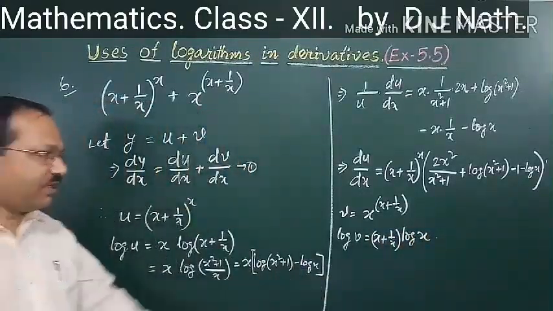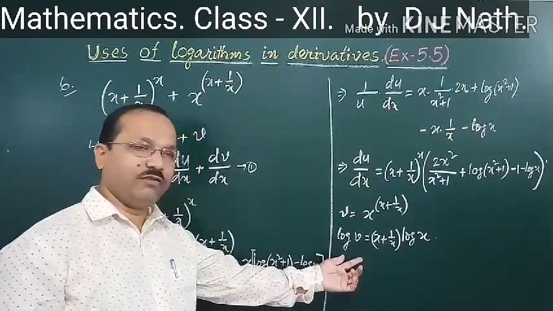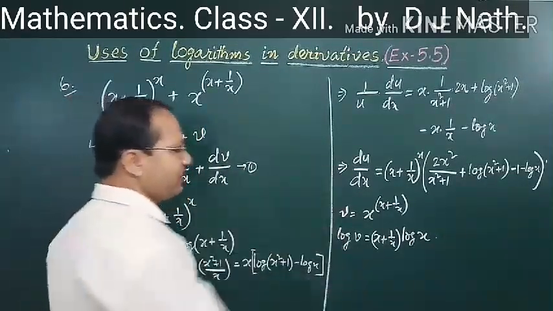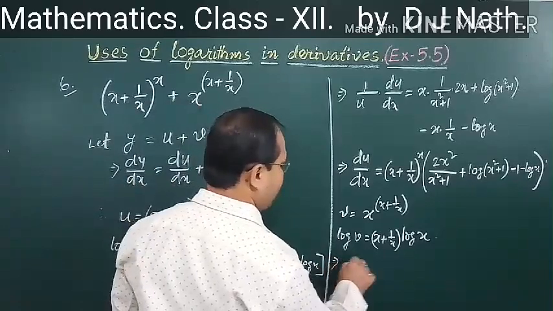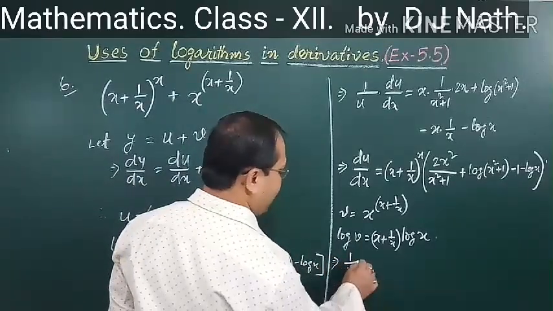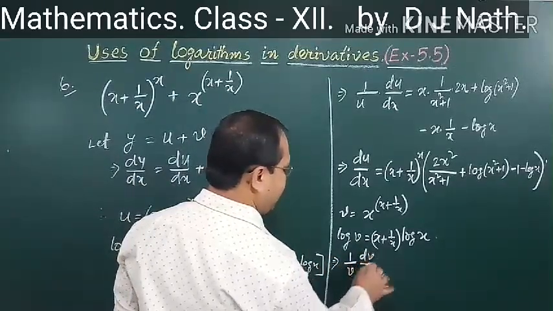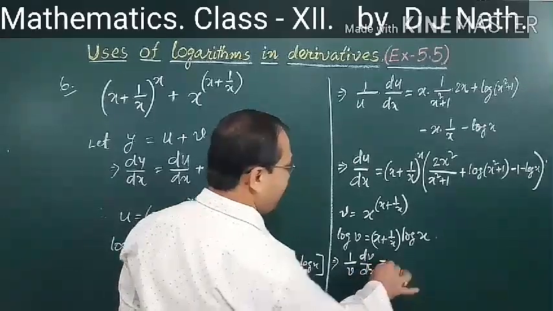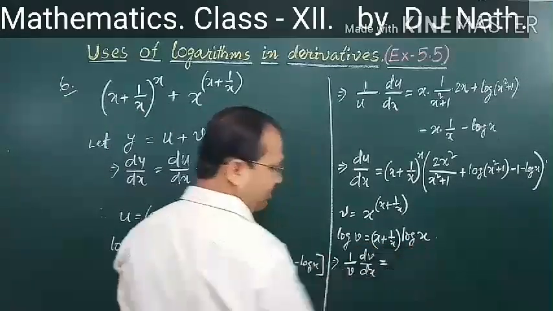Okay. So now here again we have to do the differentiation just like the previous one. So what will become the differentiation? 1 by v into dv dx will be equal to, here also 2 terms are there, we will do like that.